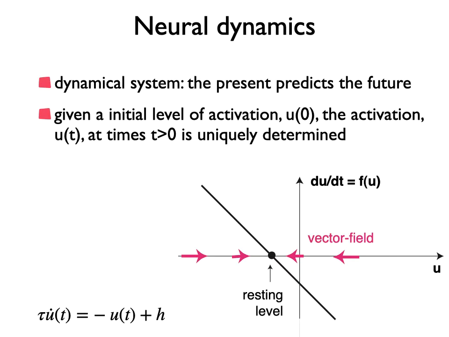Now, I want to use this framing to remind you of what a dynamical system is, as I talked about in the introduction. The rate of change of activation is a function of current activation, and that makes a dynamical system. It has this generic form. The fixed point where u dot is 0 is u equals h. We call h the resting level.